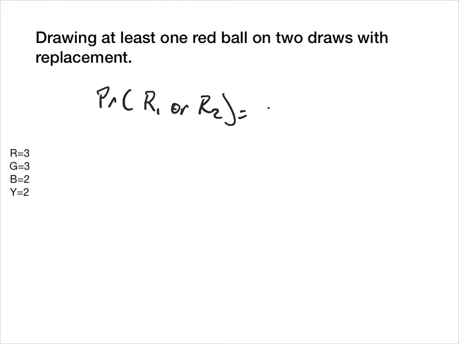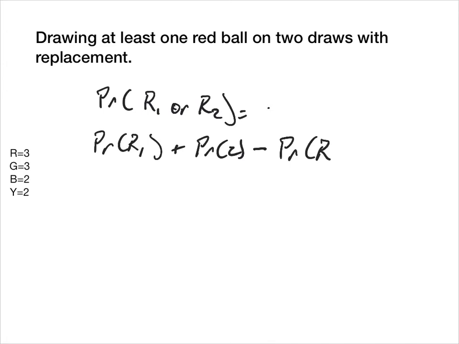So that comes out to probability of red ball on the first one plus probability of a red ball on the second one. Okay, but since it's compatible events, we have to subtract something, and that would be the probability of a red ball on both, which is that.